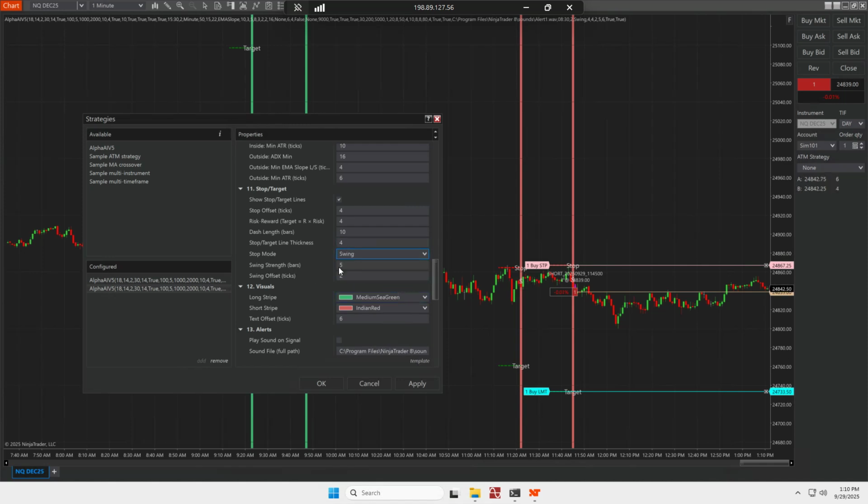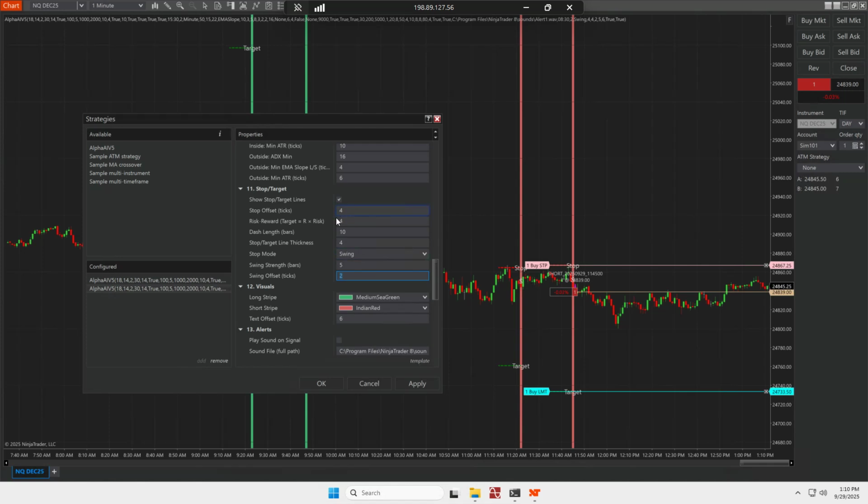You can also change how many bars for the swing strength. In this scenario it is 5 bars, which means the stop loss, as you can see here, is at the count from the signal, 1, 2, 3, 4, 5. It's going to calculate the last 5 bars and add the stop loss with the offset at the high or low of the last 5 bars, which is the swing in this scenario.